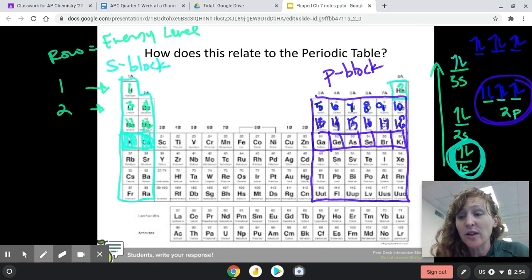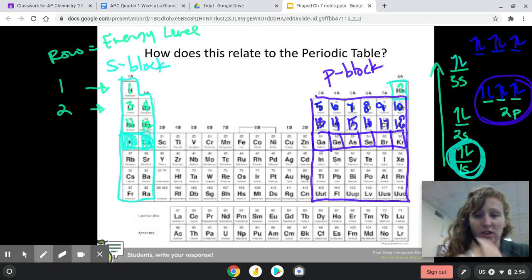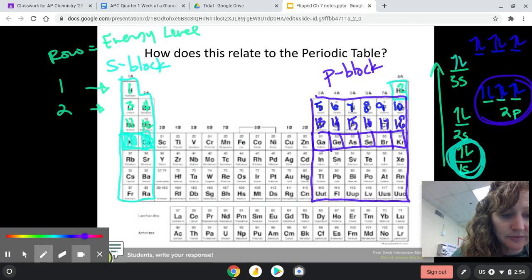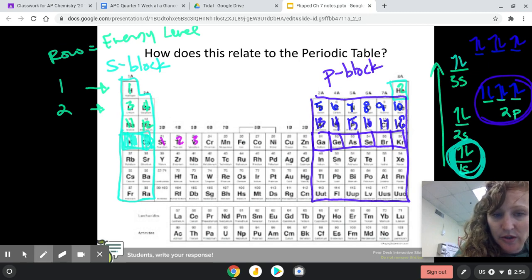Okay, so if we go to the Ds, remember Ds have 5 orientations, can hold 10 electrons total. And check this out. 1, 2, 3, 4, 5, 6, 7, 8, 9, 10.